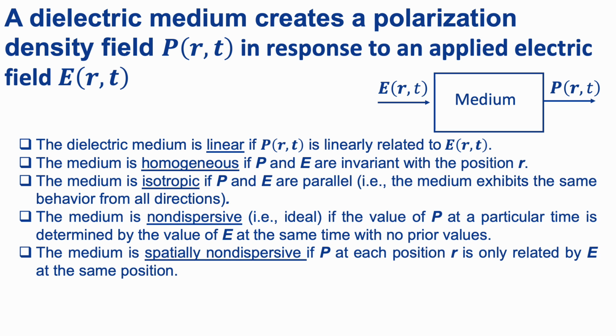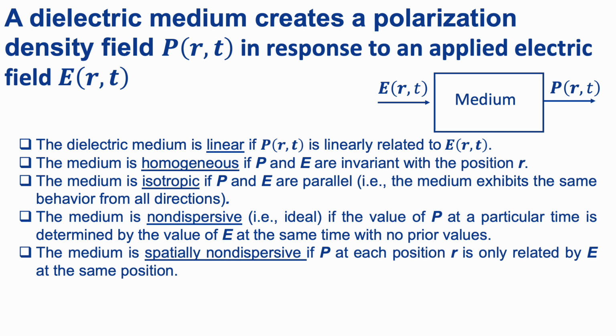If the medium is homogeneous, that means that both the polarization and the electric fields are invariant with respect to position. If the medium is said to be isotropic, that means that they are parallel, they follow the same direction, and the behavior is the same across all the directions, all the angles.